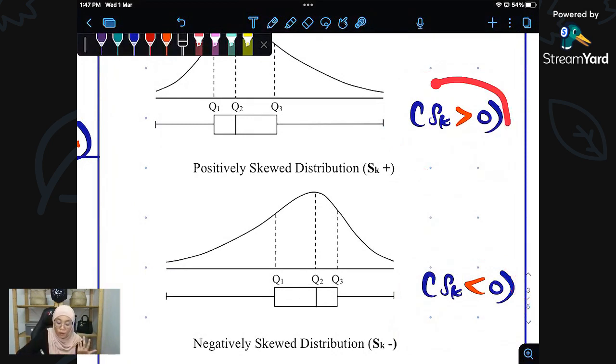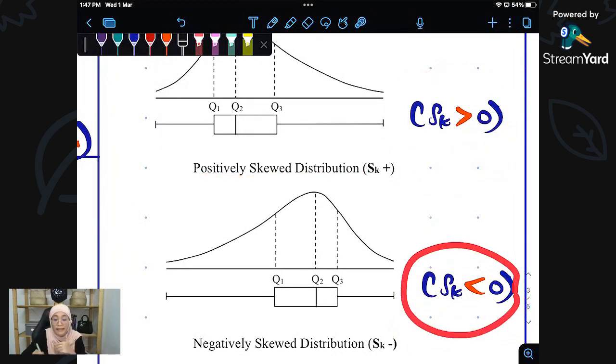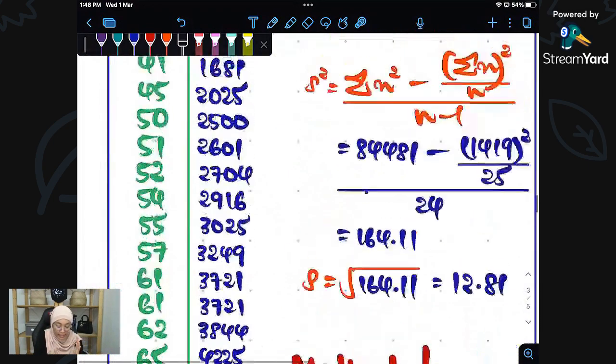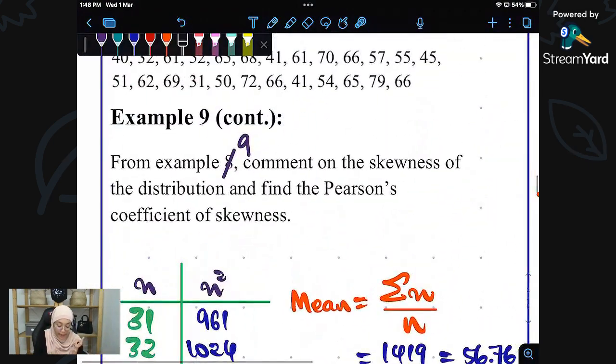Kalau skewness dia more than 0, it means positively skewed. Kalau skewness dia less than 0, bermaksud it is negatively skewed. This one is just a type of data distribution, just the name of the data lah, kategori data yang bagaimana.